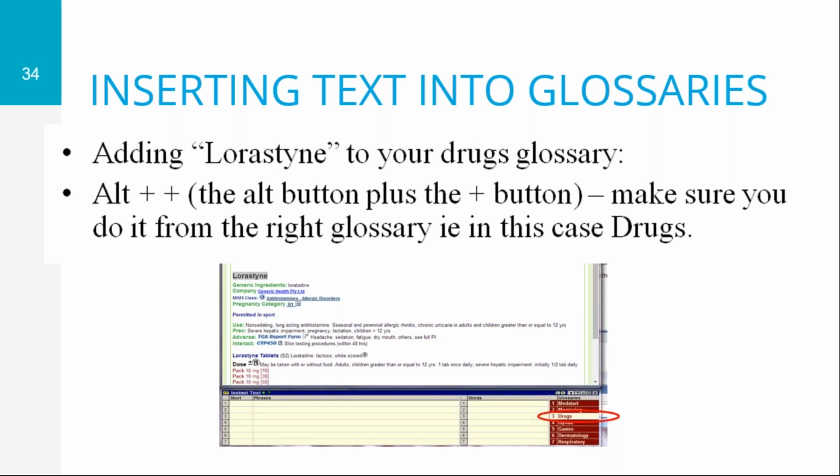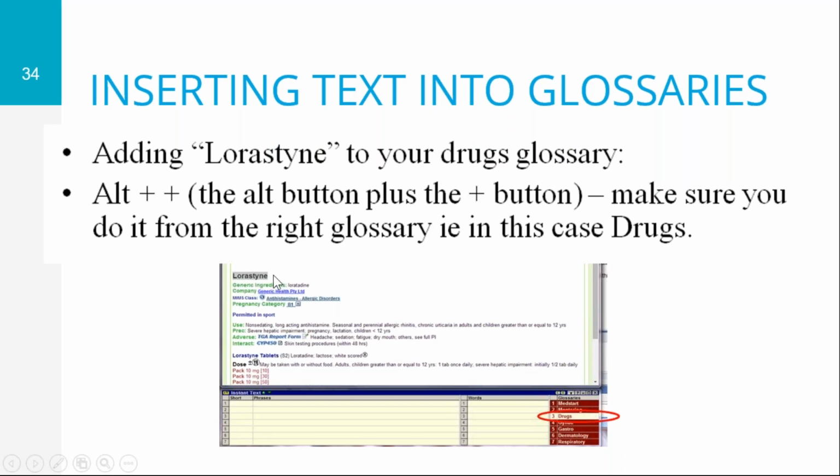We're going to copy Lorastine into the glossary named drugs. So you can see that I've got the drugs glossary as the active glossary because it's white. And by clicking on the Alt button and then the plus sign, so I've highlighted the word Lorastine. Yeah, you can see that.